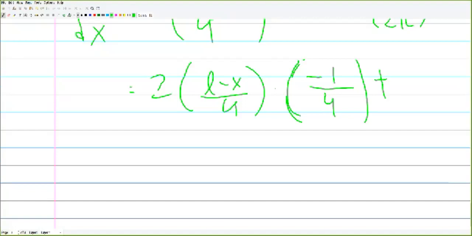Plus x squared, so it's 2x, over 4 pi squared, and the pi squared, they cancel out. So 4 pi, cancel, cancel.